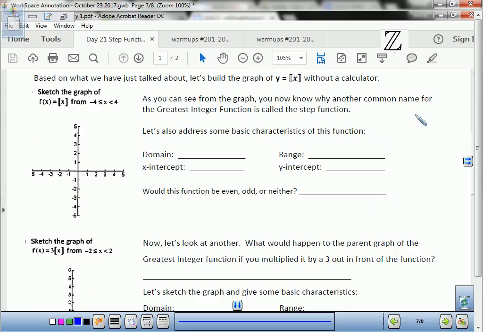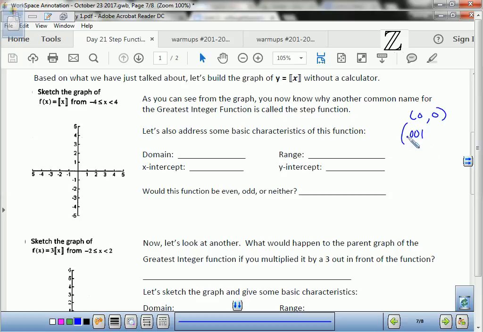So I'm going to start with 0. If I plug 0 in, 0 is an integer. So if we're rounding it down to the greatest integer that is less than or equal to, it would just be 0. So this would be a point on this graph. All right? I'm going to do another point.